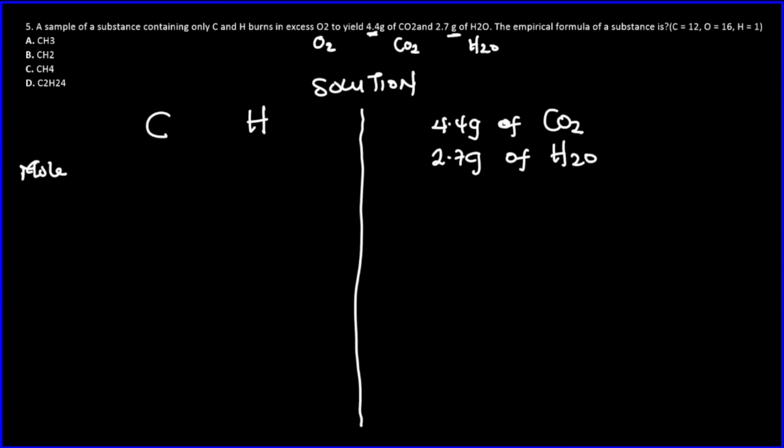We can find the mass of carbon in CO2. Now, if you remember how you find percentage by mass of an element. Let's say you want to find percentage by mass of carbon in CO2 now.